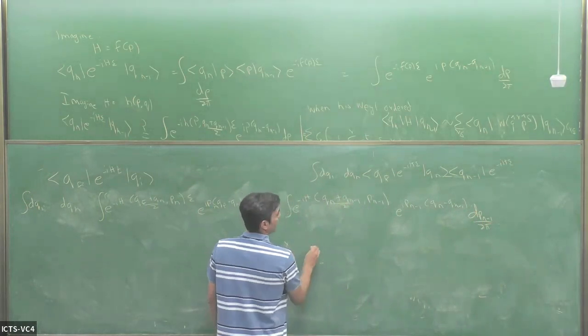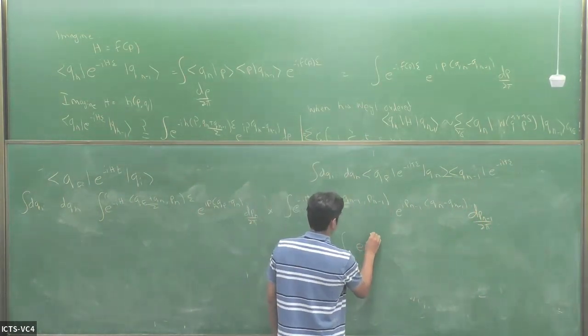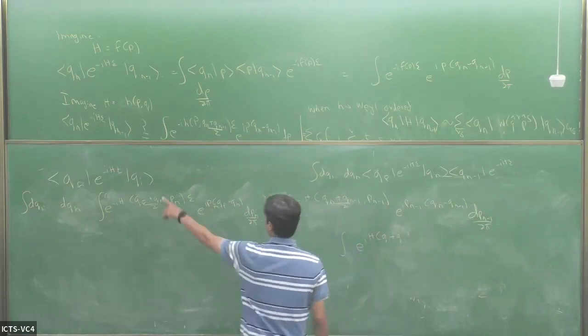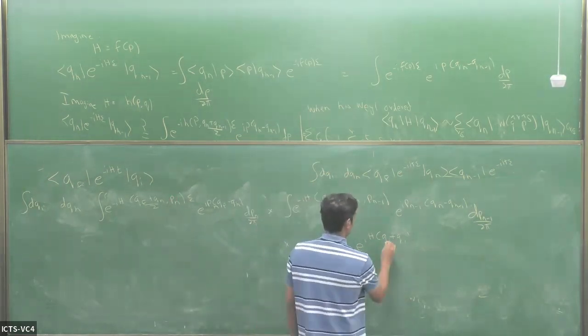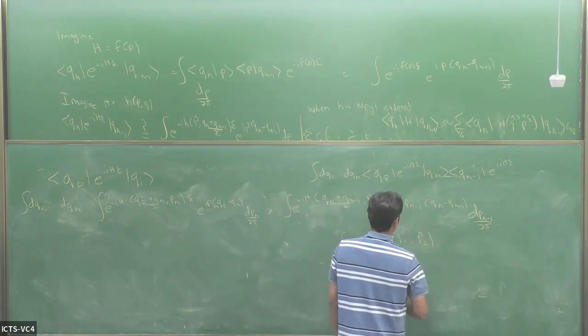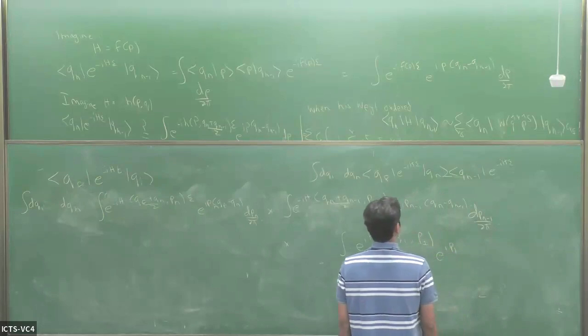Keep going. And the last term is an integral which looks like e to the iH into q1 plus q initial, remember, there's a q initial here, by 2. And there's a p1 here, which looks like e to the i p1. I hope it's p1 and not p0.